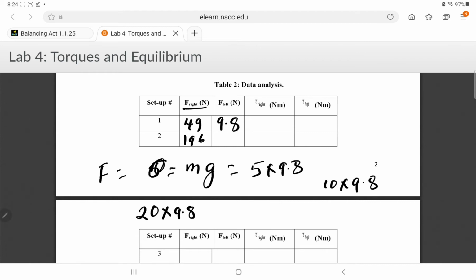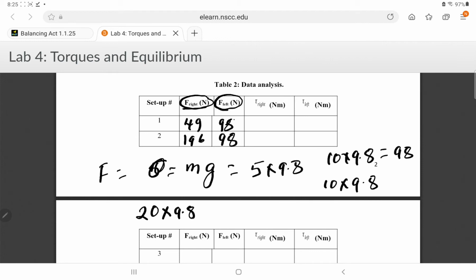Then on the left, 10 into 9.8 will give you 98. I'm writing down 98 here. So F left is not 9.1. It is 98, so I have to erase this decimal. Okay, so these are forces on the left arm, and these are forces on the right arm.